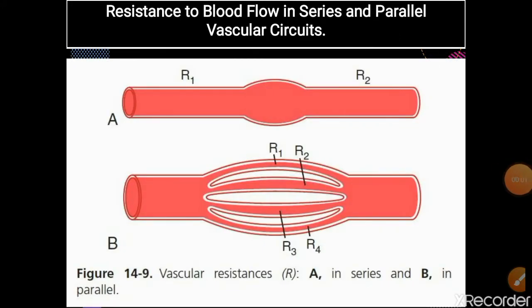Now, let's have a look at the resistance of blood vessels in different circuits. There are 2 types of circuits, either series or parallel. The blood vessels in series are attached end to end, while the blood vessels in parallel circuits are attached side by side.